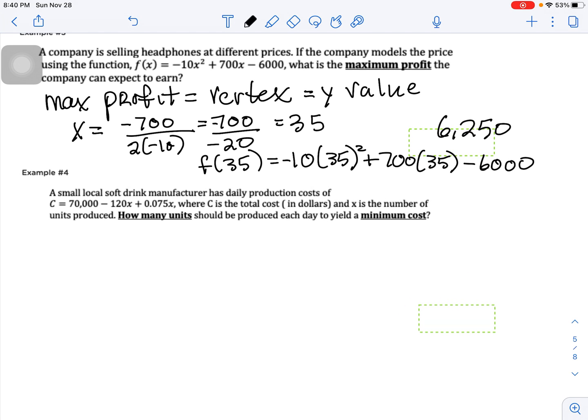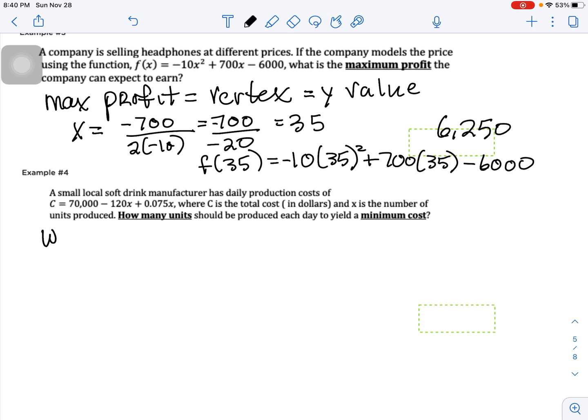All right, example 4. A small drink manufacturer has a daily production cost of the following, where C is the total cost and x is the number of units produced. How many units should be produced each day to yield a minimum cost?